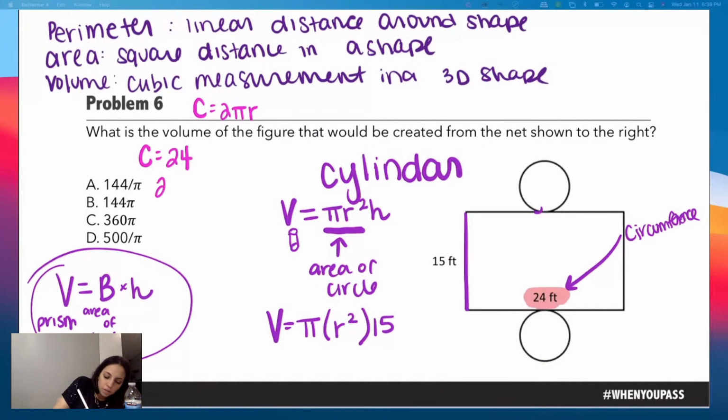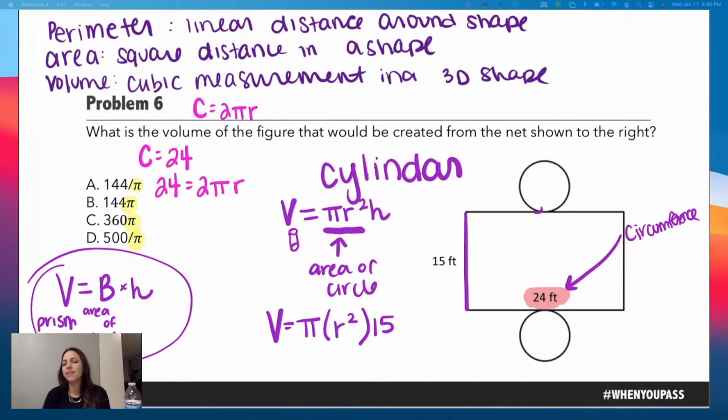So 24 circumference equals 2 times pi times r. Now, I am not going to plug in 3.14 for pi. Why? Because all of my answer choices have pi as part of the answer.